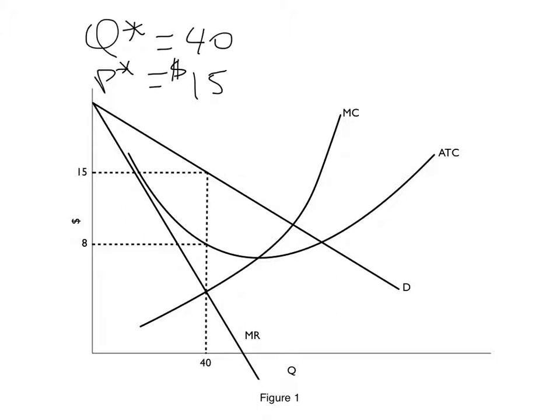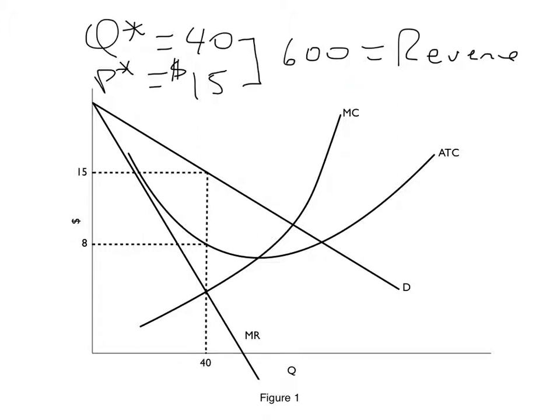So if the firm produces 40 units and charges $15, we know that revenue, price times quantity, is $600. That's revenue. And we see that at 40 units, the average total cost is $8 per unit.